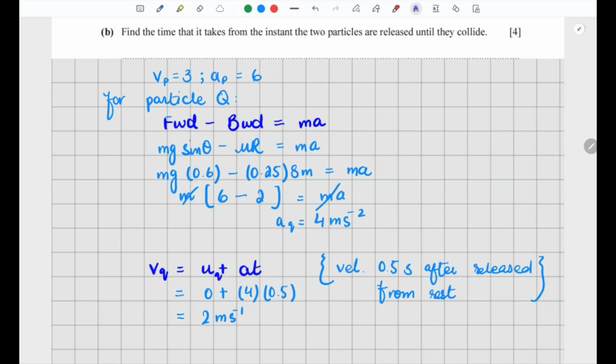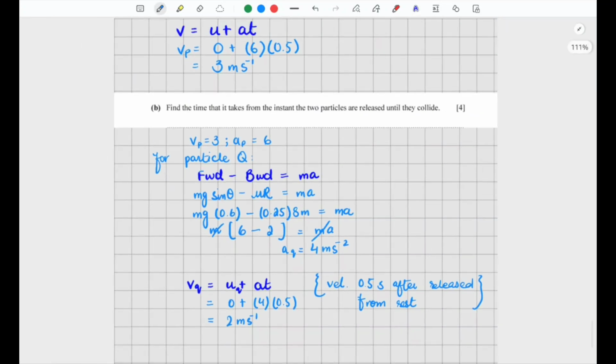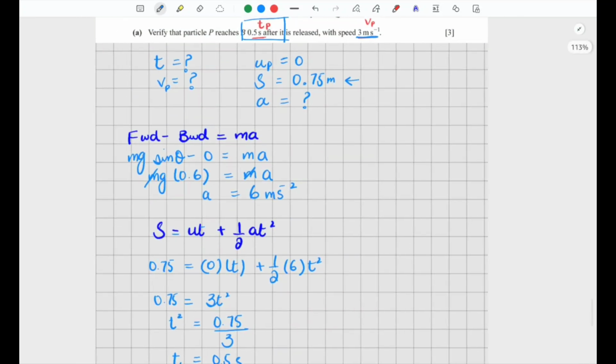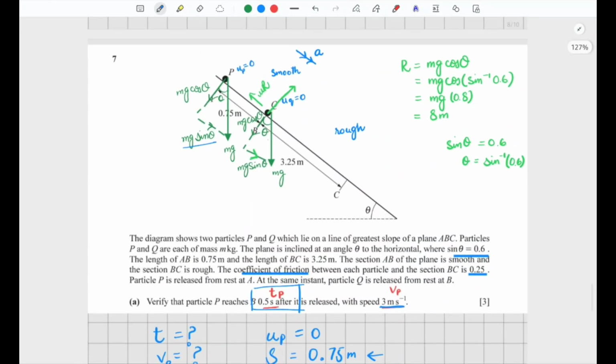Now to understand the scenario and what we need to find, let's look into the question: find the time that it takes from the instant the two particles are released until they collide. What we have found so far is that particle P is here and Q is somewhere here after 0.5 seconds.